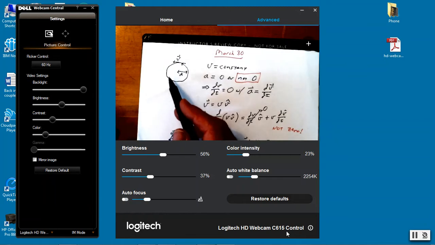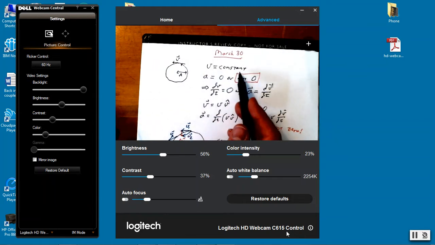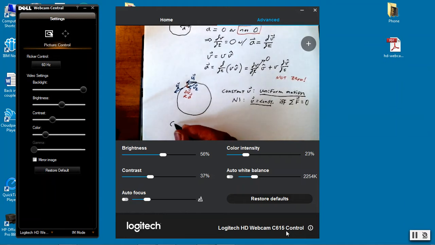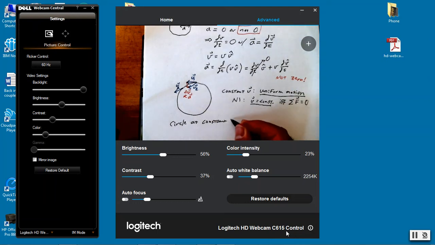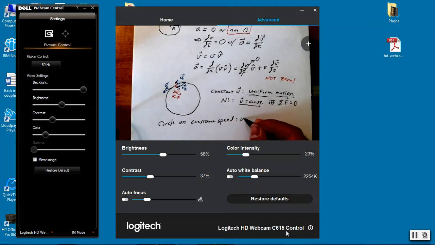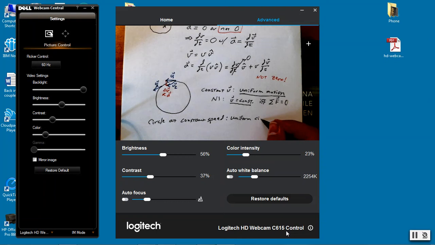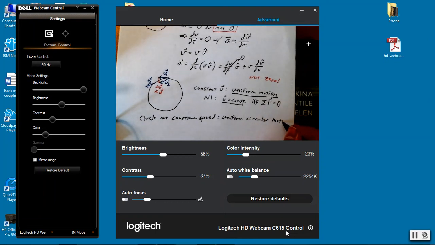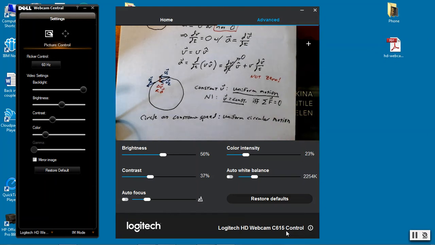This type of motion, where something is going in a circle at constant speed, commonly, people refer to that as uniform circular motion, and that's confusing.